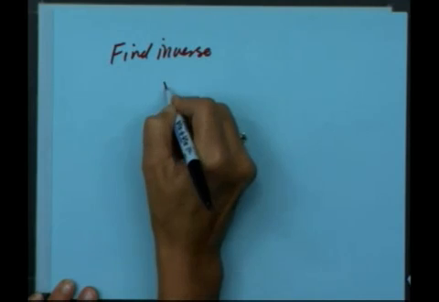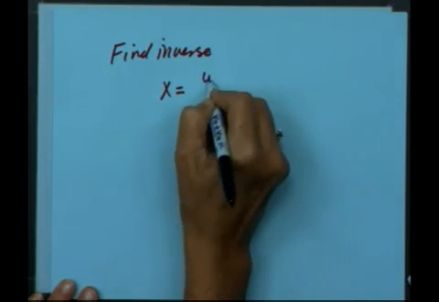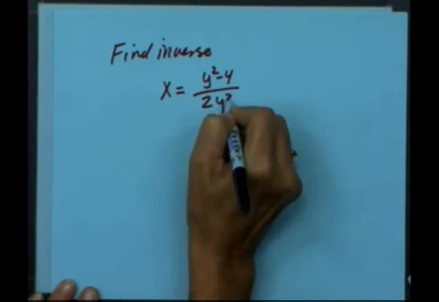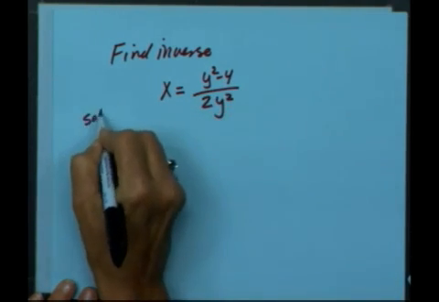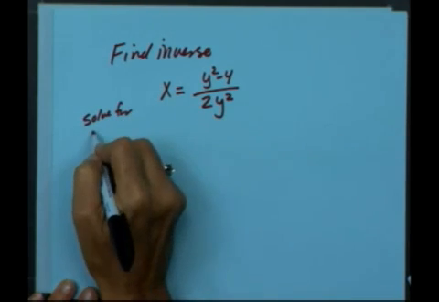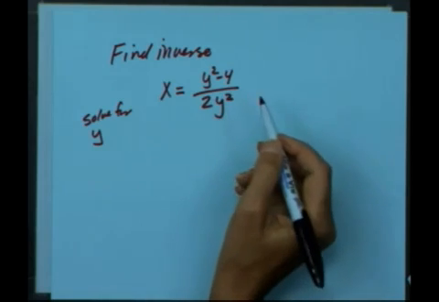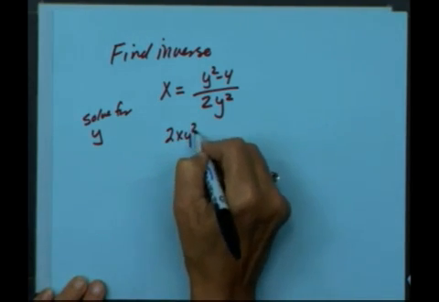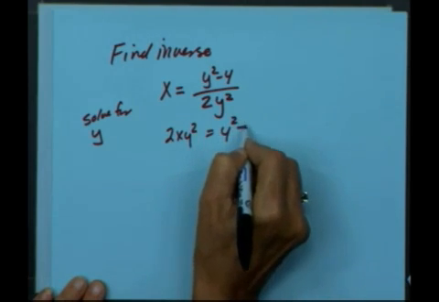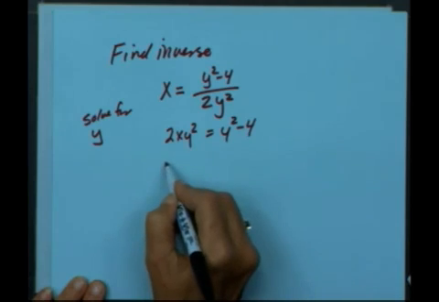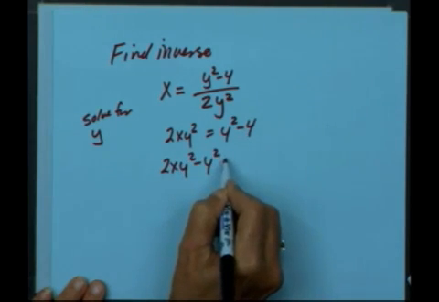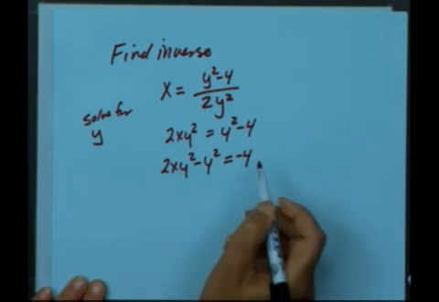Remember, you interchange x and y. And now we want to solve for y. So when we solve this, we get 2xy squared equals y squared minus 4. Then 2xy squared minus y squared equals -4.